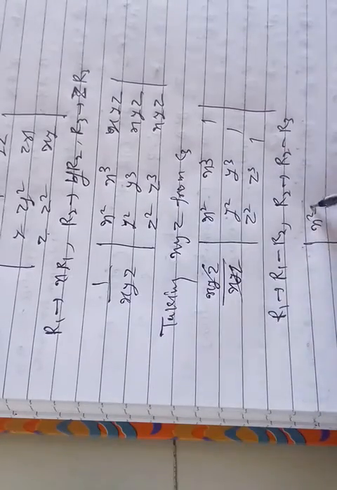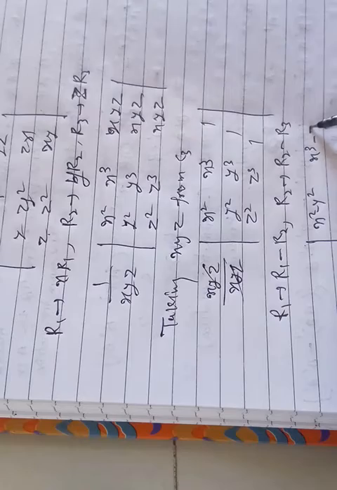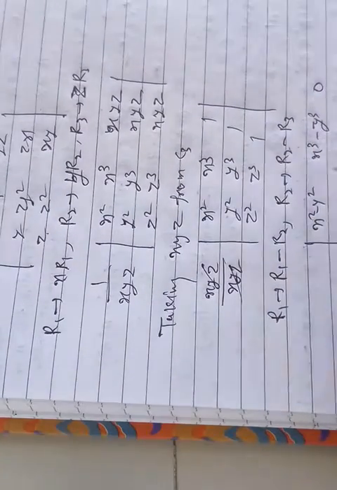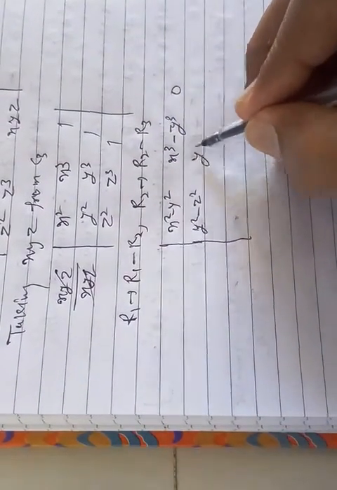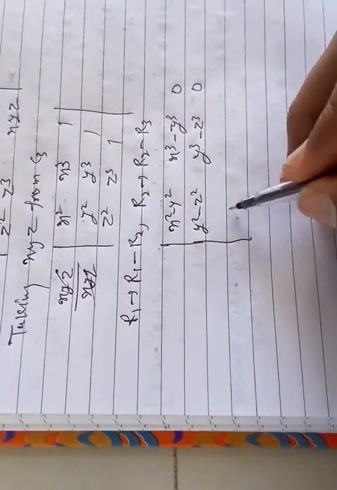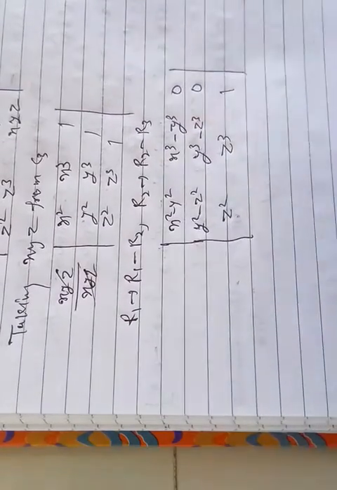X square minus y square, x cube minus y cube, 1 minus 1 is 0; y square minus z square, y cube minus z cube, this is also 0; and z square, z cube and 1.